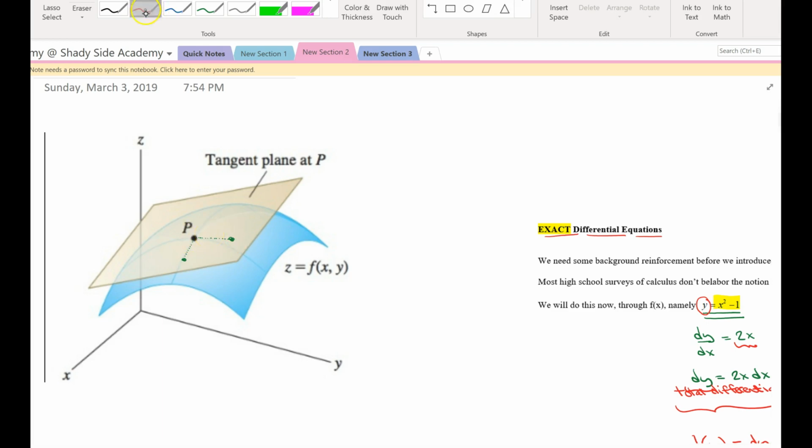But what if I wanted to change in x and in y? Well then, the change in z from P to this new point on the tangent plane would be a sum of the change in z by way of x plus the change in z by way of y.